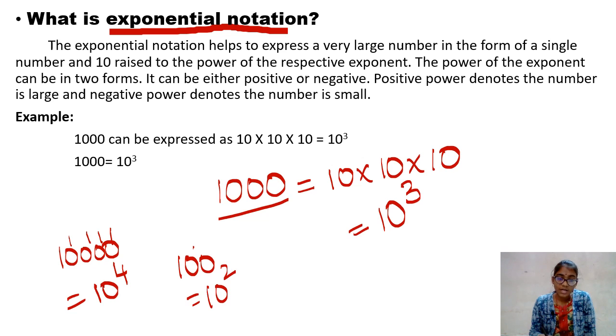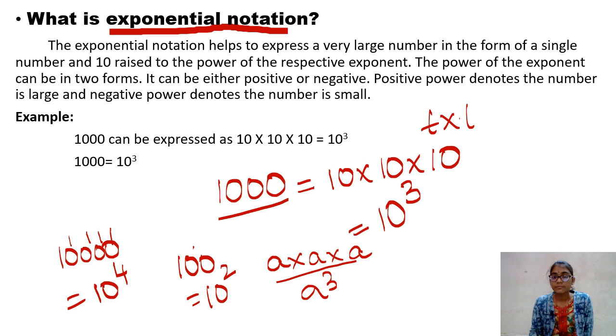Not only a number, a variable can also be written in exponential form. Just see this. A into A into A. How many A's are there? 3, right? So it can be written as A cube. T into T. How many T's are there? 2 T's.